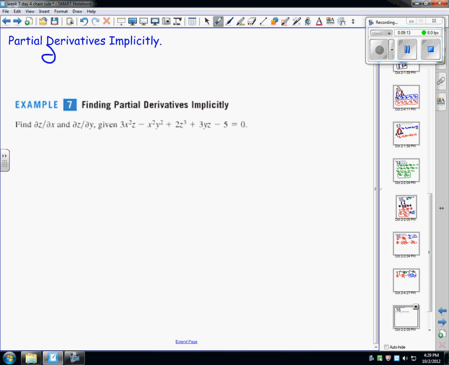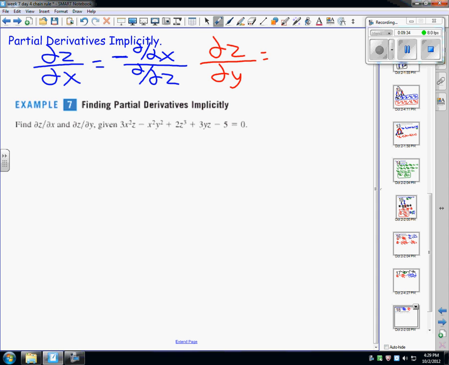So if I ever say the partial of z over the partial of x, I want you to think of that as there's a negative, there's some partial of x all over some partial of z, and I could also give you the partial of z over the partial of y would be negative, some sort of partial with y on top over some sort of partial with z on bottom.